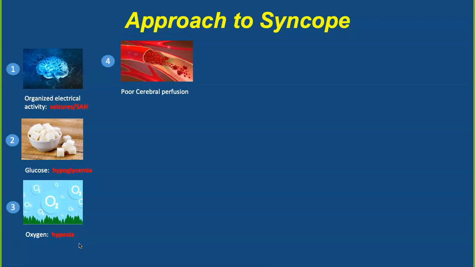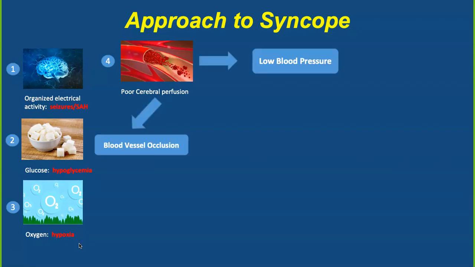Now, what causes poor cerebral perfusion? In order for you to perfuse your brain, two things have to be in place. One is that you have to have a patent blood vessel, so an occlusion of the blood vessel will cause syncope, and then the blood pressure must be high enough to cause perfusion. So situations when blood pressure is low is another entity that we're going to be exploring.